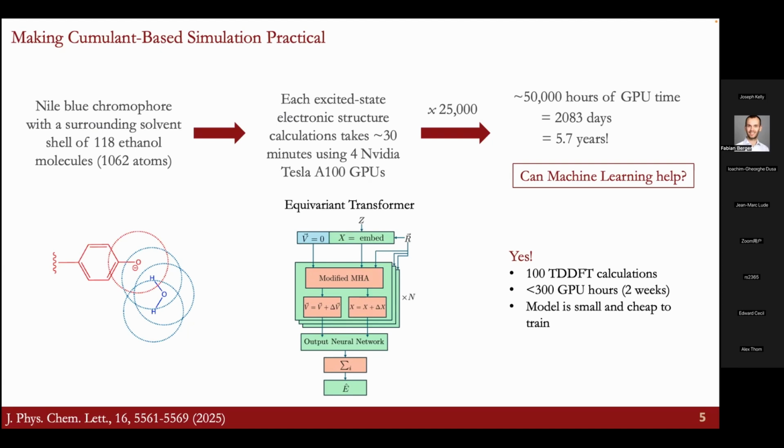More recently, a postdoc in our group has been working with a bunch of MACE models, starting with foundation models and fine-tuning those, or starting from scratch with a small foundation model and training with the same data set, and finding very similar results: with not very much data, she's able to get very reasonable potentials and all of that. And honestly, the ground state dynamics with a MACE model is more efficient than the ground state dynamics with this equivariant transformer.